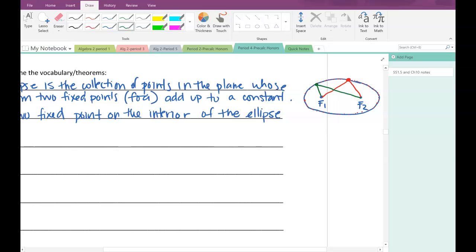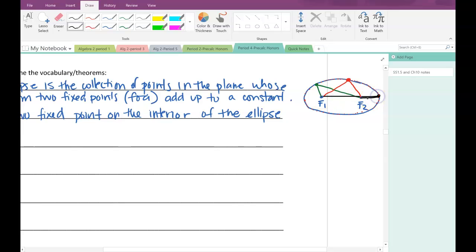So the distances in red, if you add those two distances, should be exactly the same as the two green distances. And let's say I want to pick this point. From here to there should be the same as from here to here.